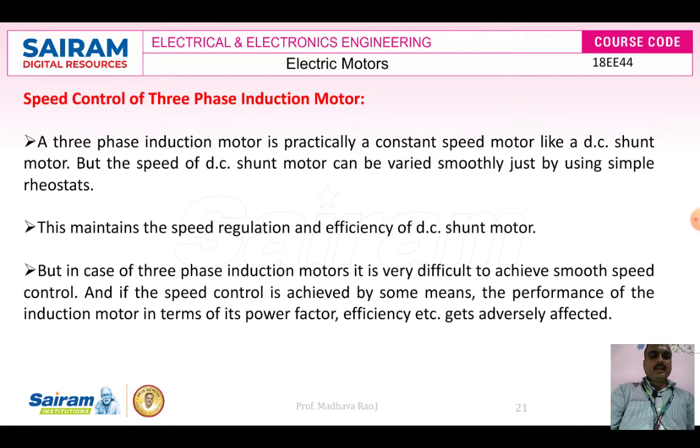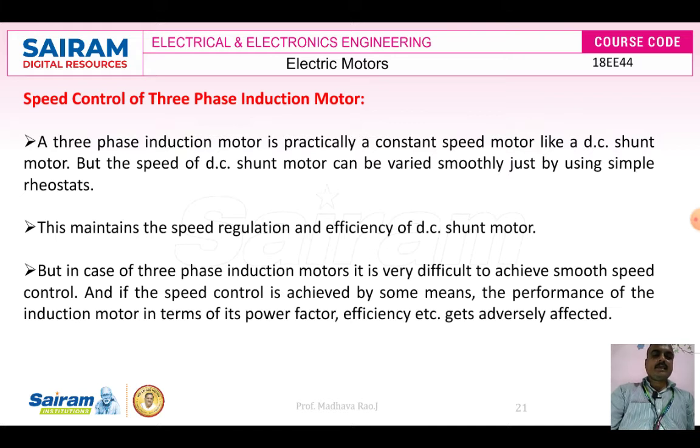The main important thing is that we can control the speed by reducing the stator voltage, increasing the rotor resistance, and increasing the load on the three-phase induction motor. We have these methods to control the speed. The main thing is, in a DC shunt motor the power factor is not affected.